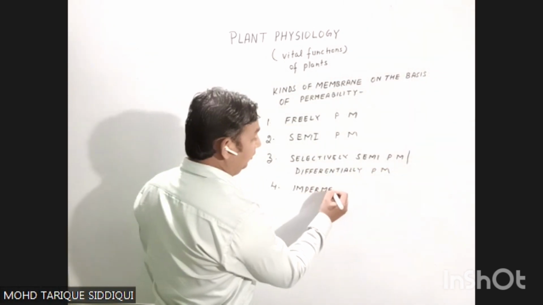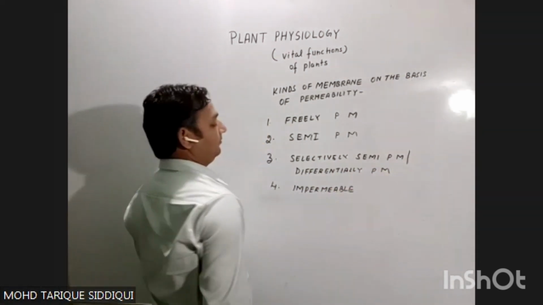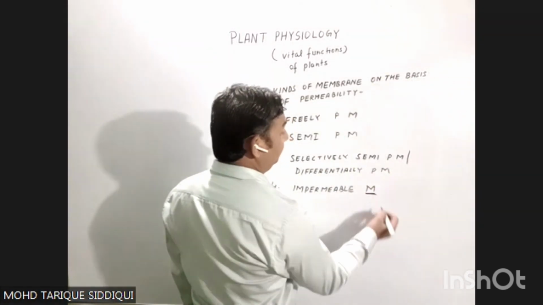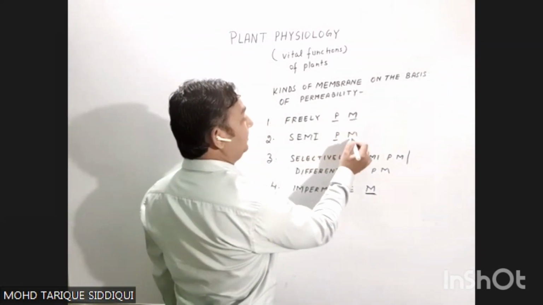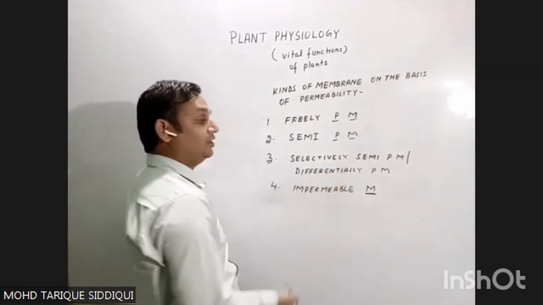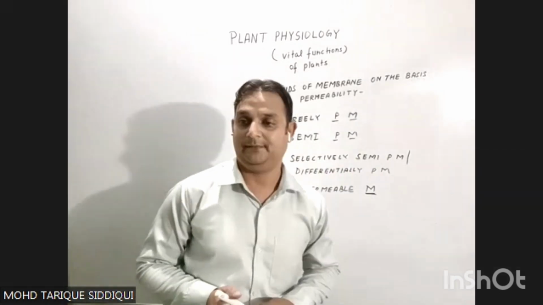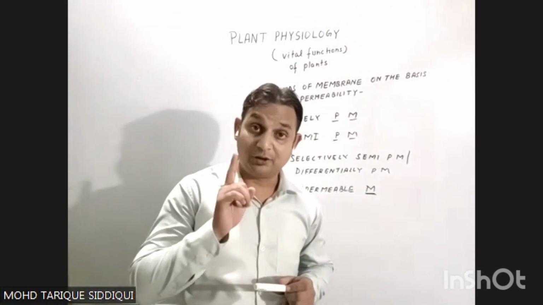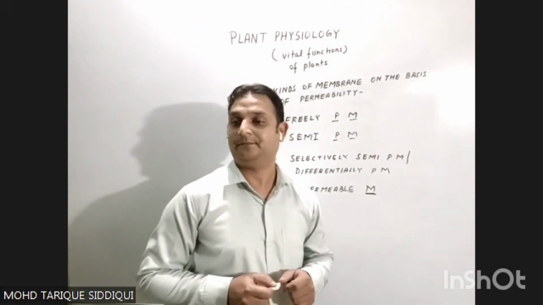You will write all the four definitions. Freely permeable membrane, semi-permeable membrane, selectively semi-permeable or differentially permeable membrane. Last one, impermeable membrane. Got it? I will tell you just one definition and you will write all the definitions by yourself.